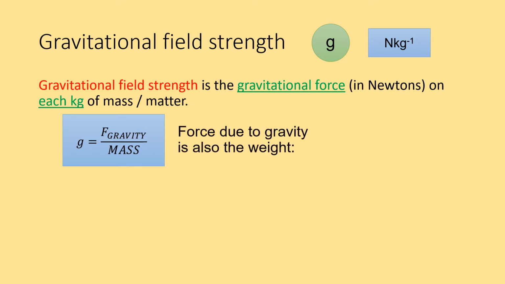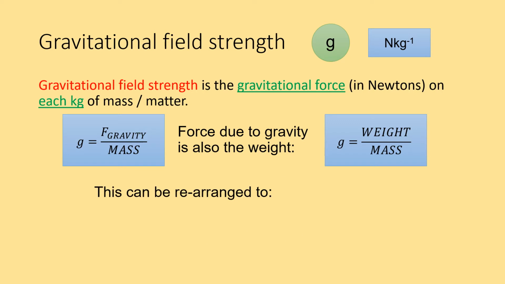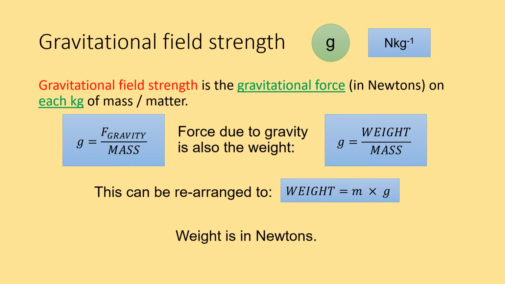F gravity, force due to gravity, is simply the weight. So now we have the gravitational field strength given as weight divided by mass. Obviously, we can rearrange that to weight equals mass times g, where the weight is in newtons because it is a force. Now we know little g as the acceleration due to gravity, but what it actually is is the gravitational field strength.